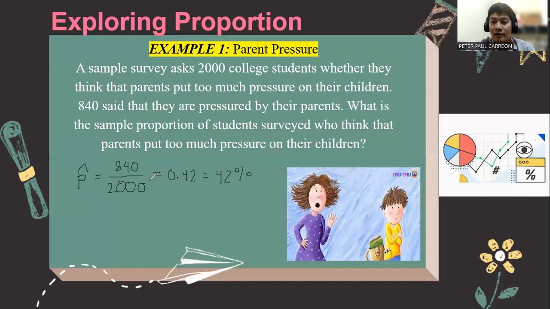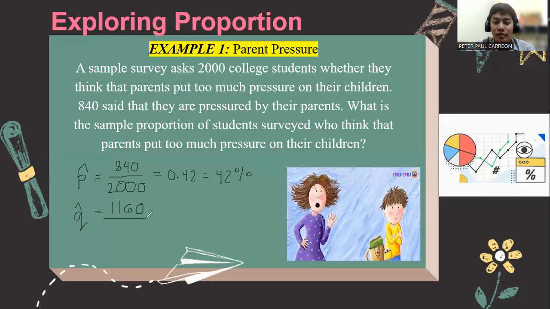We also have the sample proportion of those who do not feel pressured by their parents. That proportion is represented by q hat, which is the total opposite of its concept. By subtracting 840 from 2,000, that will be 1,160.